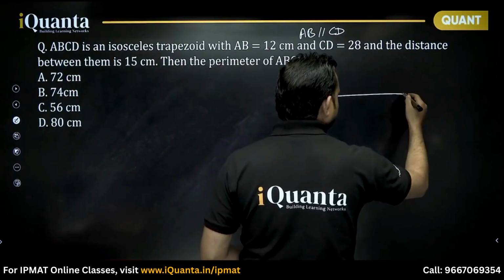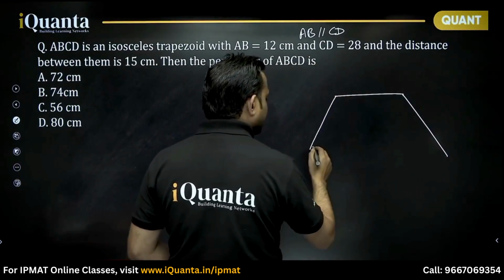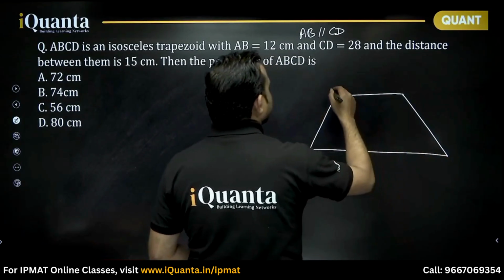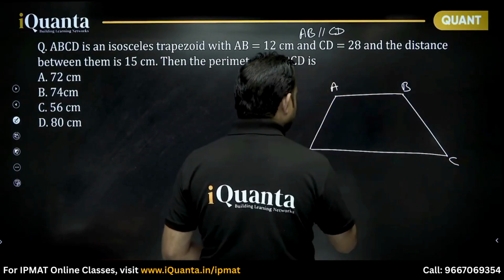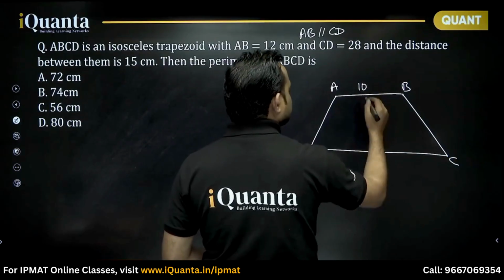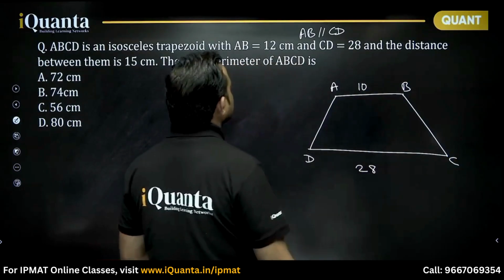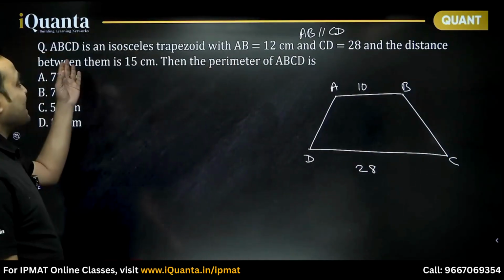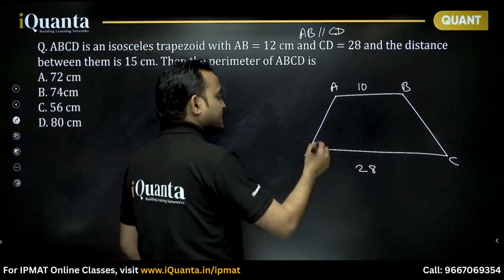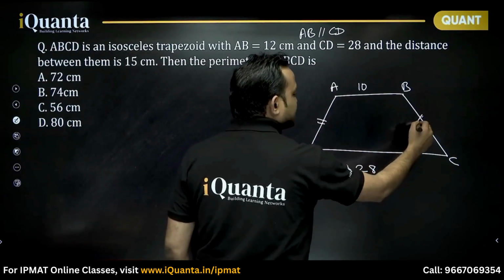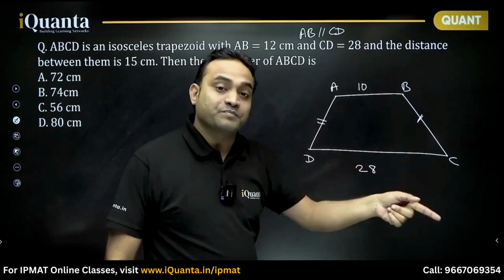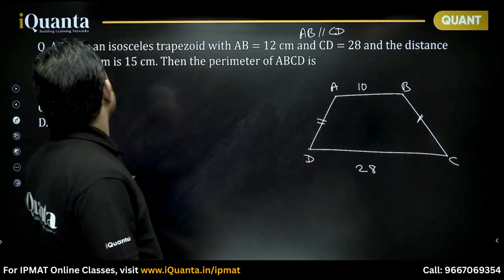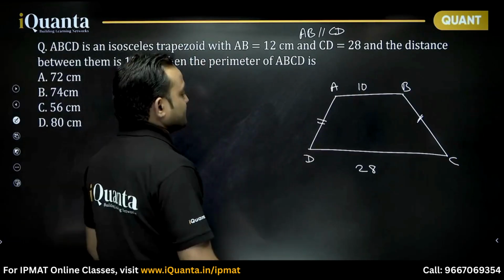So it's given here that A, B, C and D, this is 10, this is 28 and it's an isosceles trapezoid, means AD is equal to BC. In isosceles trapezoid, the two other sides which are not parallel will be equal.